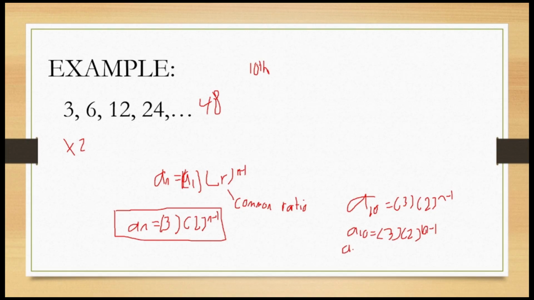So a10 equals 3 times 2 raised to the power of 9.